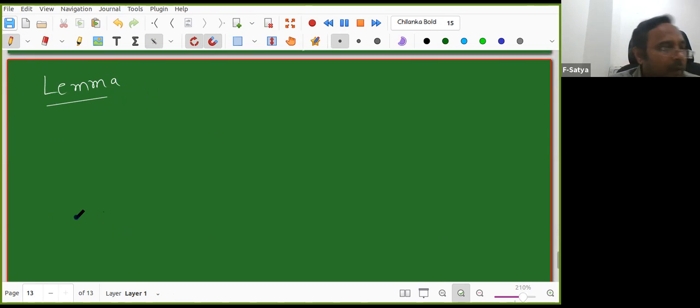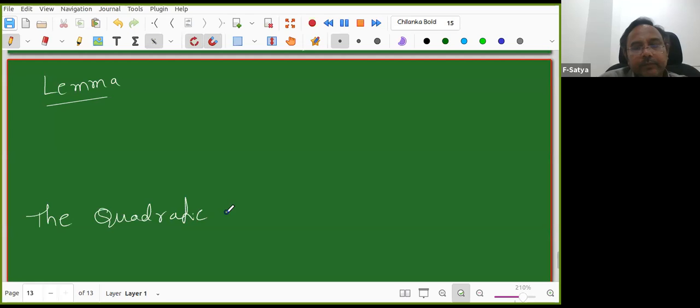The quadratic reciprocity law. Reciprocity law.